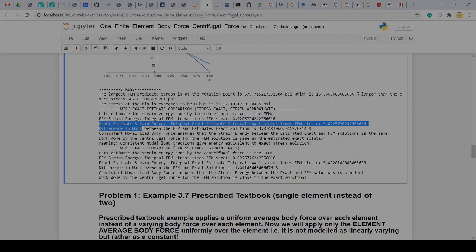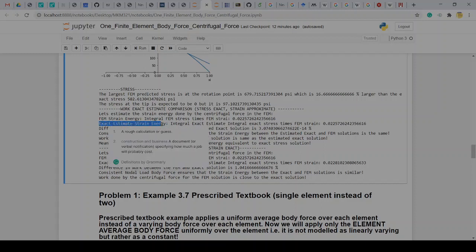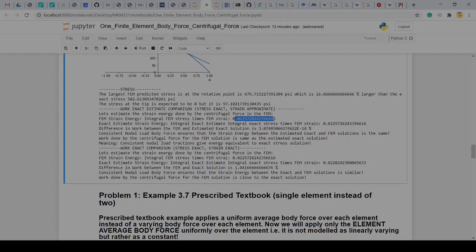Then the exact estimate of the strain energy, remember, using the exact stress and the finite element strain, gives exactly the same value. So the difference in work between the FEM and the estimated exact solution is 0.